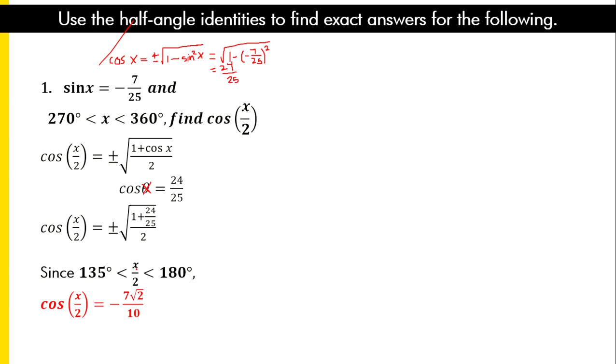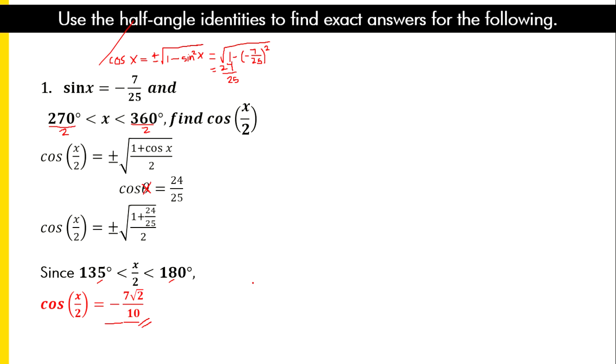But if we have the half angle, we need to divide both sides by 2. 270 divided by 2 is 135 and 360 divided by 2 is 180. Between 135 and 180, this is quadrant number 2. And as we all know, in quadrant number 2, cosine is negative. So therefore, our answer here is negative 7 square root of 2 over 10. So this is our answer.